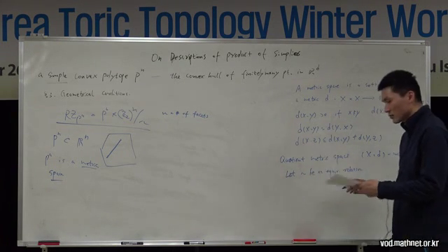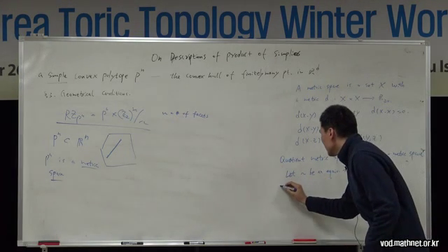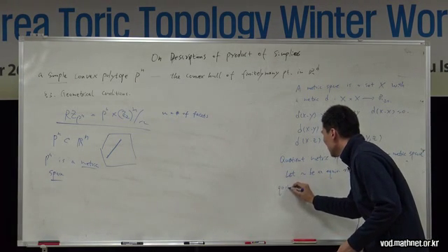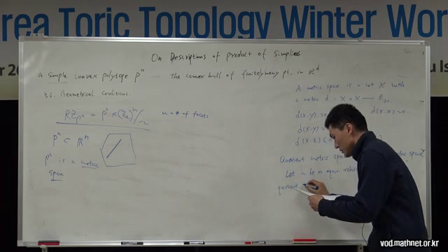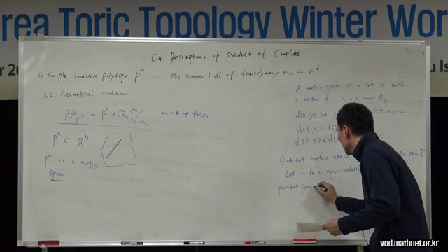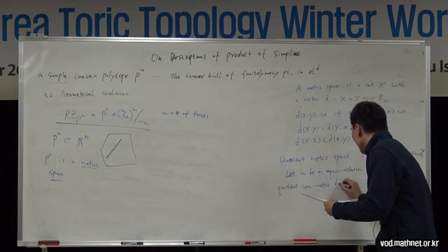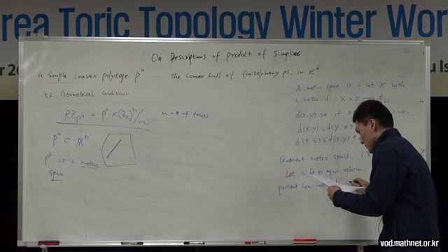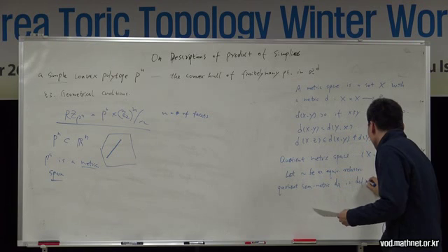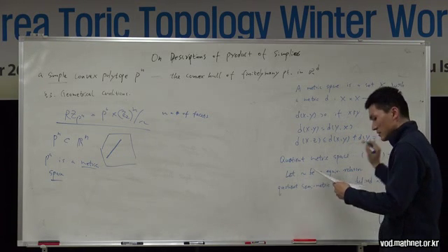And we can first define the quotient semi-metric dr as follows.